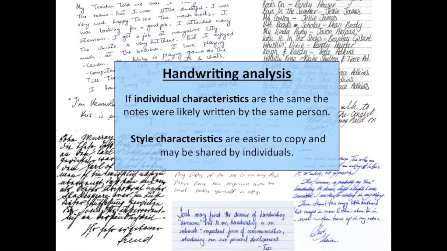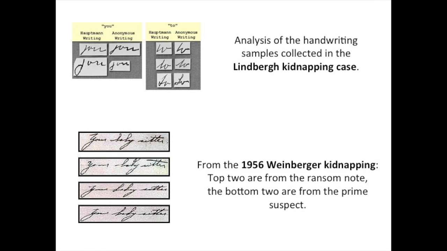A handwriting expert is trained to spot the differences between these two characteristics of handwriting. However, the most important part of handwriting analysis is determining whether or not the individual characteristics are the same. If these are the same, then the notes were likely written by the same person. Style characteristics, however, are easier to copy and may be shared by individuals.